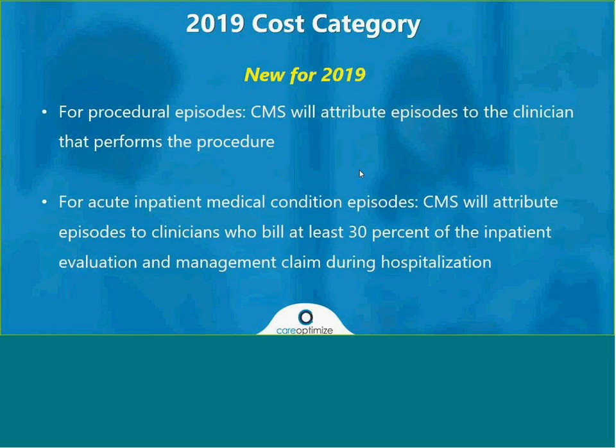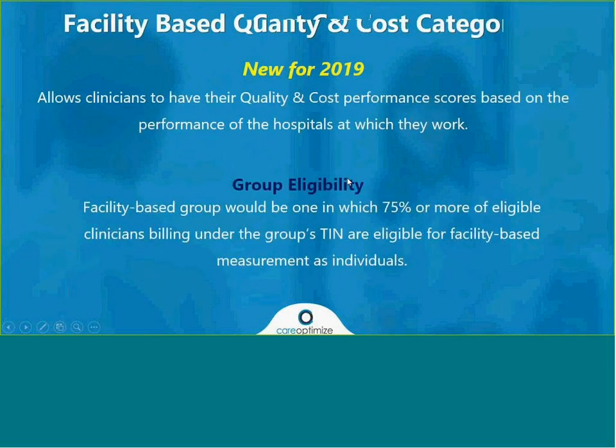The second is for the acute inpatient medical side, where this has a minimum of 20 different episodes, they're going to attribute it to the clinician that bills at least 30% of the inpatient E&M during that patient's hospitalization. Bit confusing, but they're just further defining those terms and how they're going to be attributing.